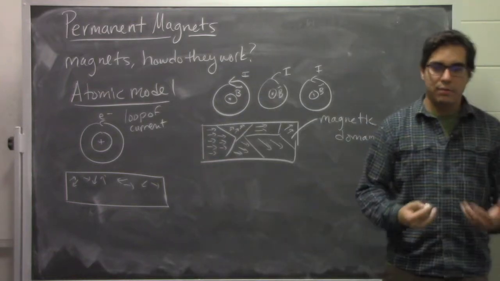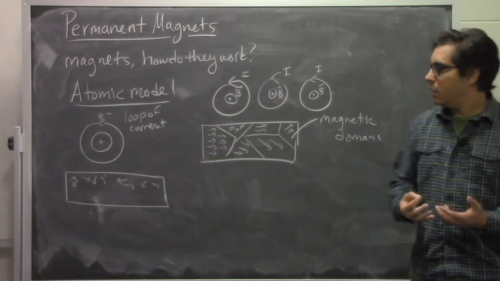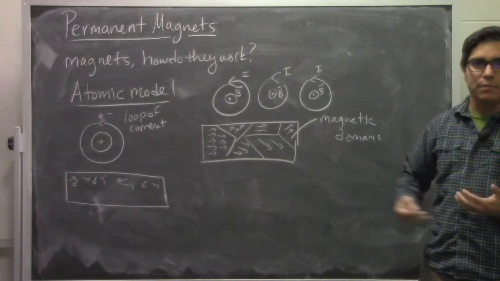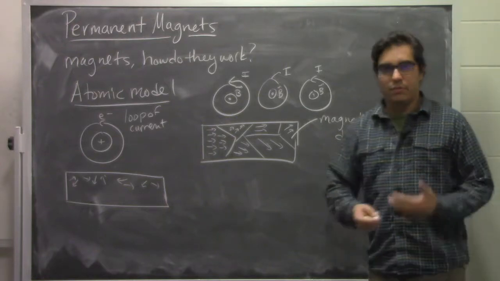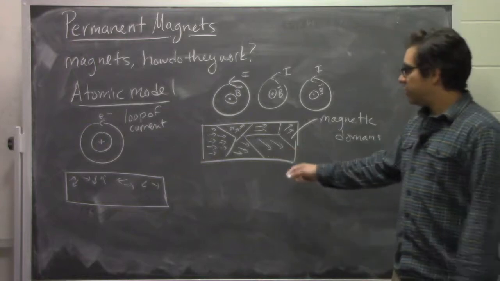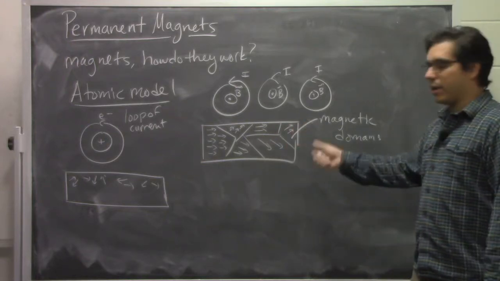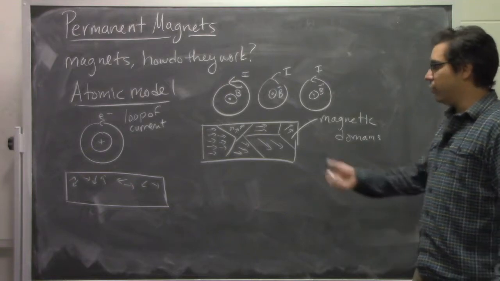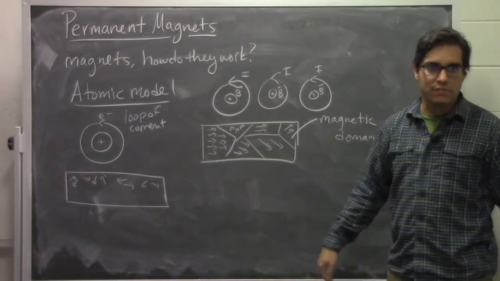And how coherent they are, over what distance you can get them to all line up, how big they are, really determines the magnetic properties of the material that you're looking at. So in this case, we have everybody pointing to the right. Some point up, some point down. And so in general, there might be some north pole on the right-hand side and south pole on the left-hand side.